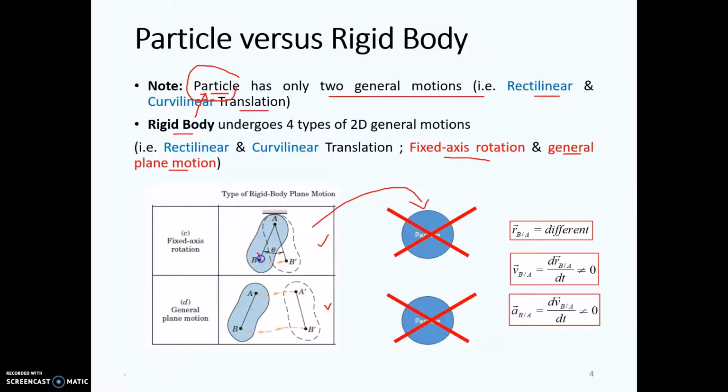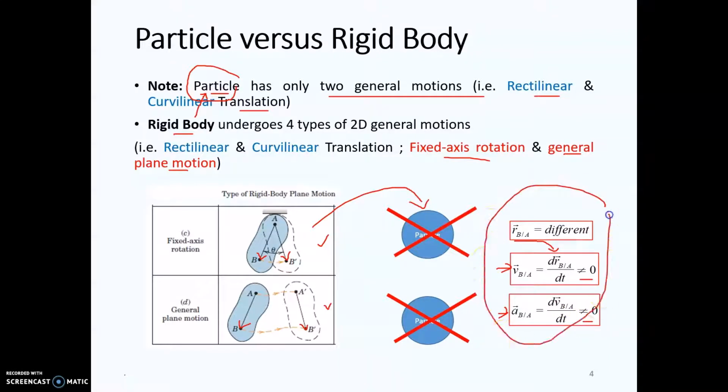If you observe the relative motion between B and A here, as well as when the rigid body is performing general plane motion, you will see that r_B/A is different for these two cases. Therefore, when you differentiate it, the velocity of B with respect to A and also the relative acceleration will no longer equal 0.